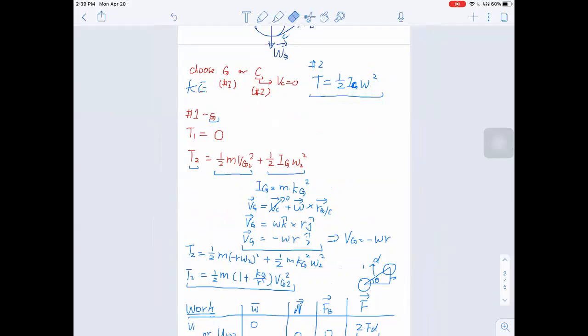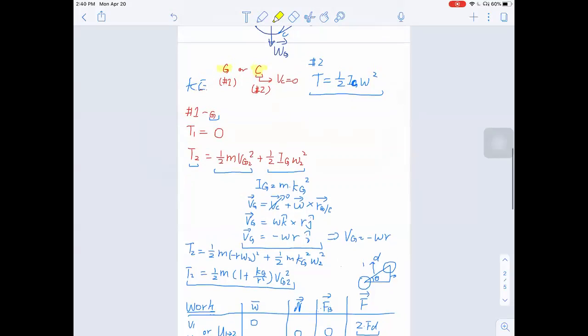You can either choose the center of mass or choose a point that has zero velocity, since choosing different points can simplify the equation in different ways.